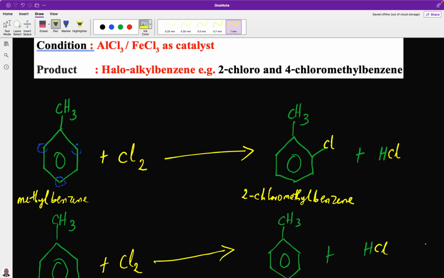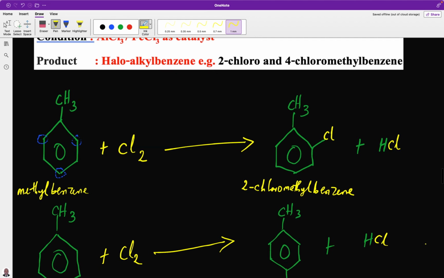For that reason, we call this group 2,4,6 directing, because that is where electrophilic substitution is taking place.